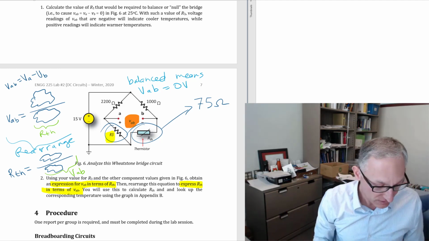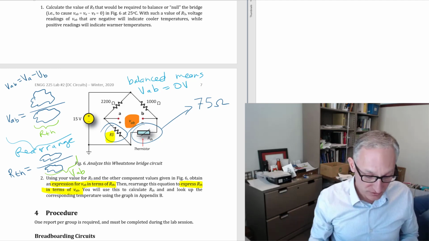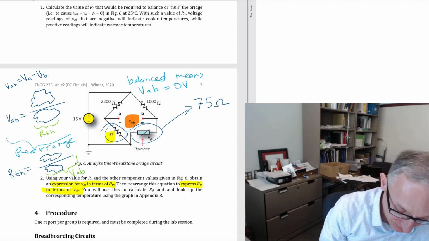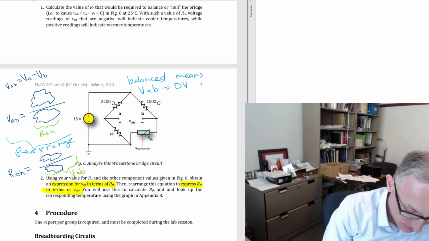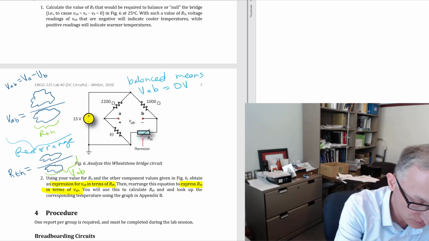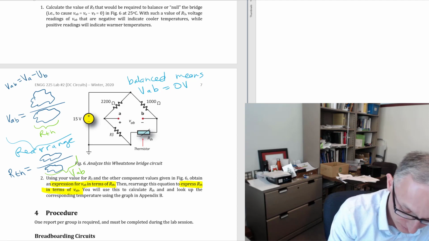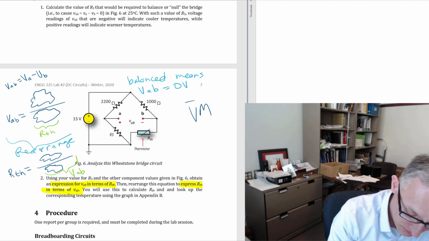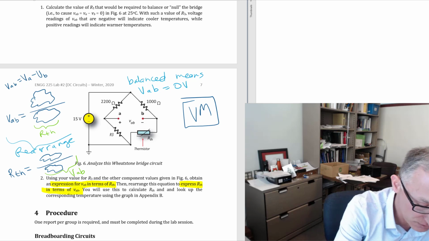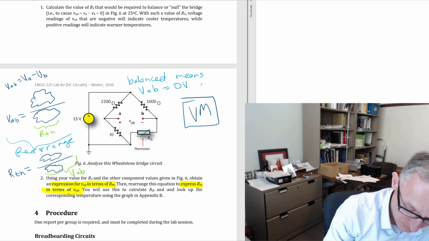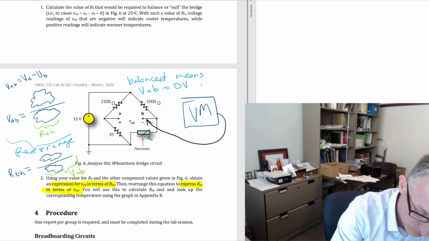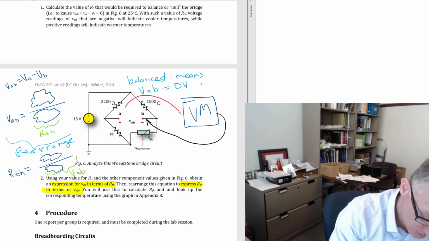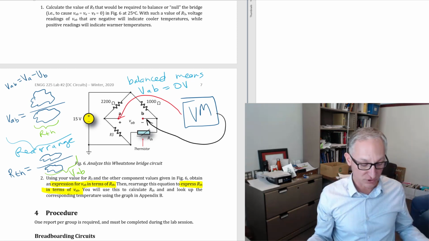So the point is that when you're using this circuit, you are going to put a voltmeter in the circuit with the black lead coming over here to B and the red lead coming over here to A, and you're going to make a voltage measurement.